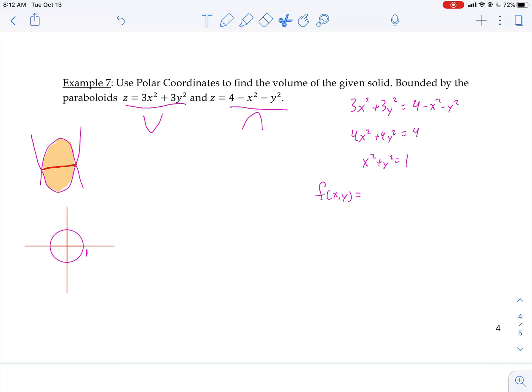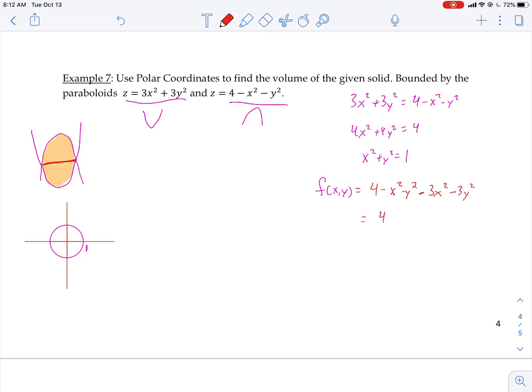The surface is just going to be whatever's on top minus whatever's on bottom. The one that's on top is defined by the one that's facing downward. So we have 4 minus x squared minus y squared. That's the one on top. Then minus the one on the bottom, which is 3x squared plus 3y squared. So the top minus the bottom.